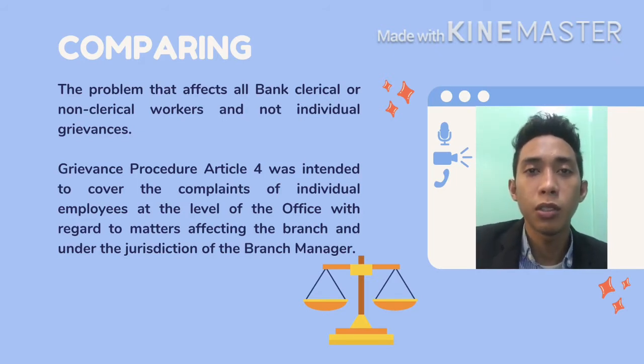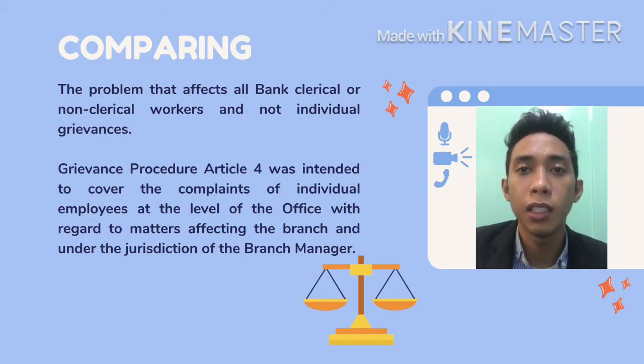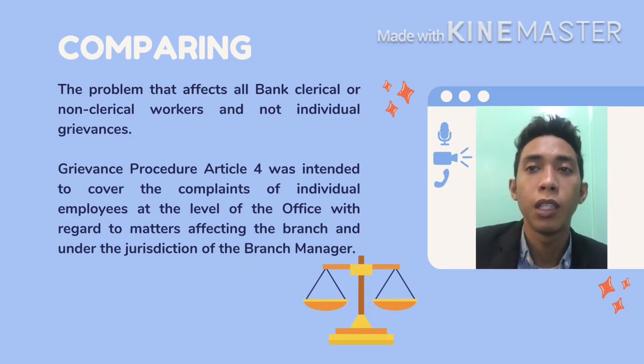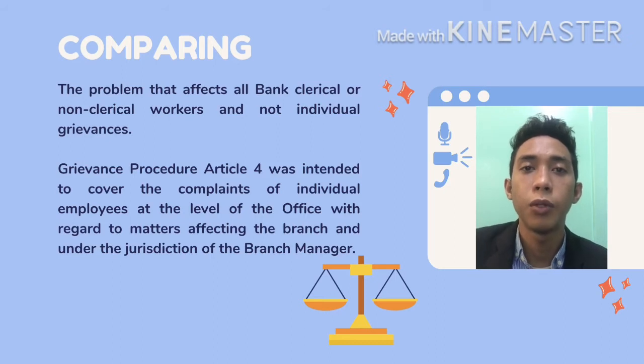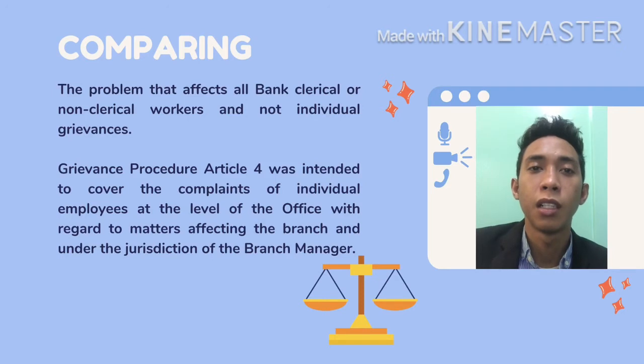The grievance procedure, Article 4, was intended to cover the complaints of individual employees at the level of the office with regard to matters affecting the branch.